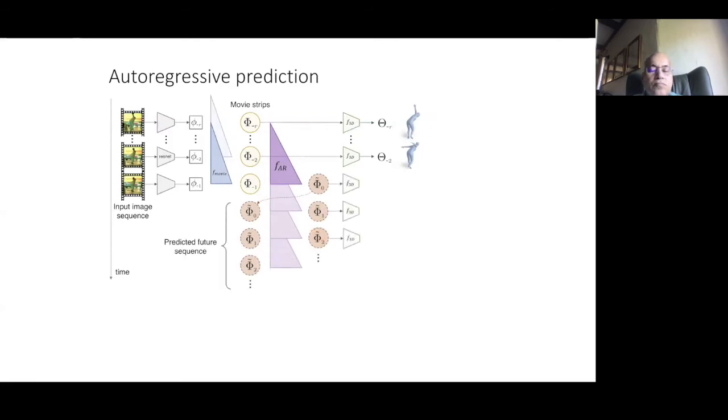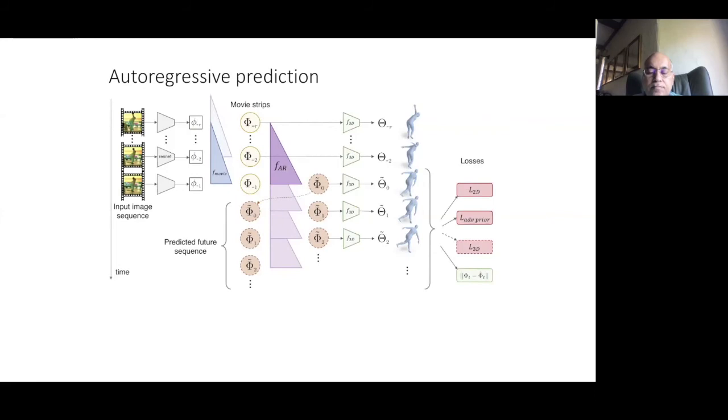From the predicted future movie strip sequences, we can also read out the 3D mesh parameters. This autoregressive model is trained with the same losses, where the predicted 3D mesh model has to match the ground truth 3D or 2D joint labels, along with the prior. We also included an additional distillation loss, which guides the autoregressive model to predict the actual movie strip representation.